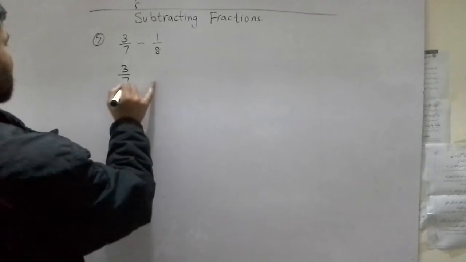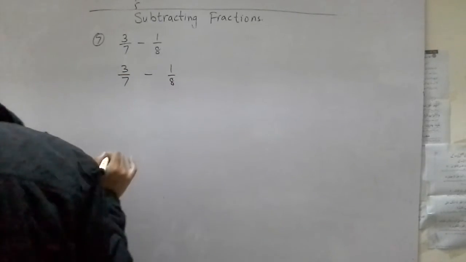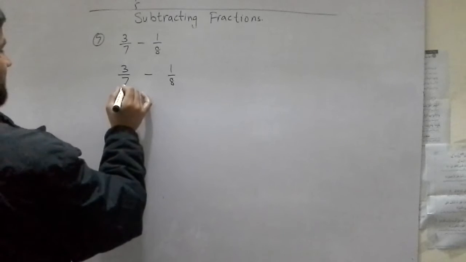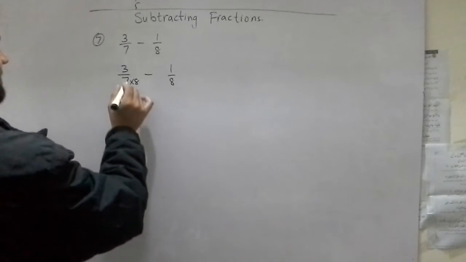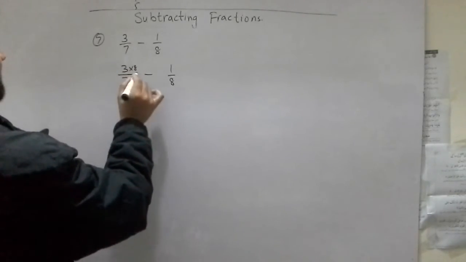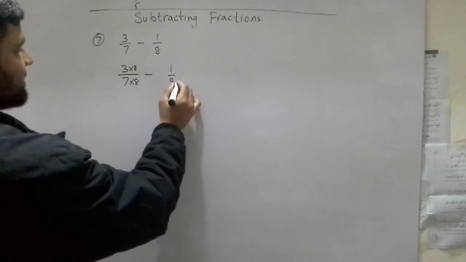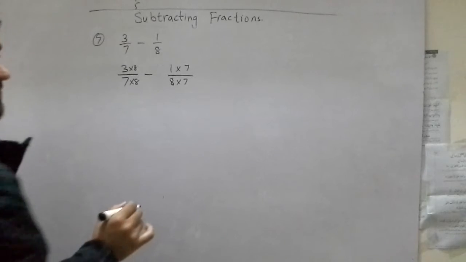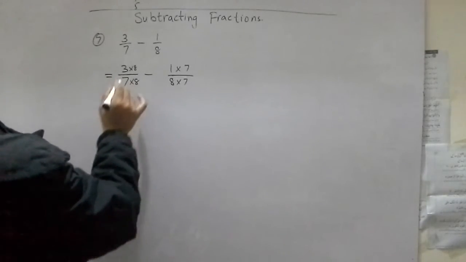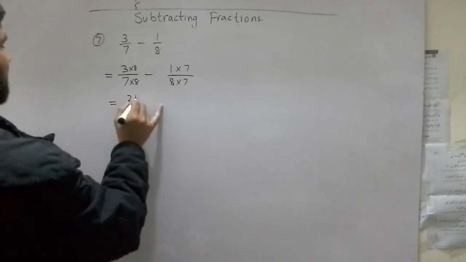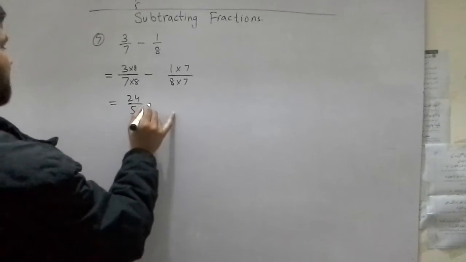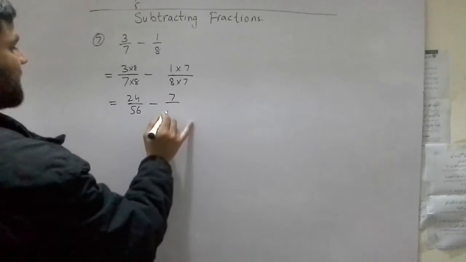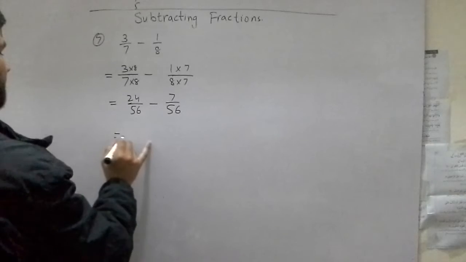So 3 over 7 minus 1 over 8, copy these fractions down and multiply this 7 with 8 to get 56 there, and multiply the top number as well with the same, and 8 times 7 will give me 56 and times the top number with the same. Now 3 times 8 is 24 and 7 times 8 is 56, minus 1 times 7 is 7, 8 times 7 is 56.